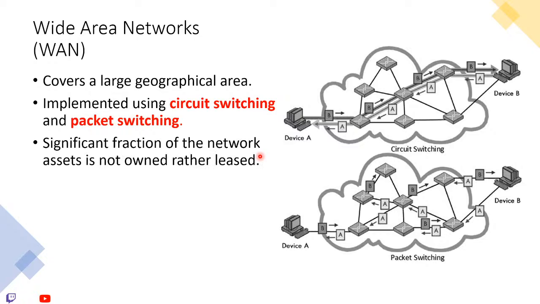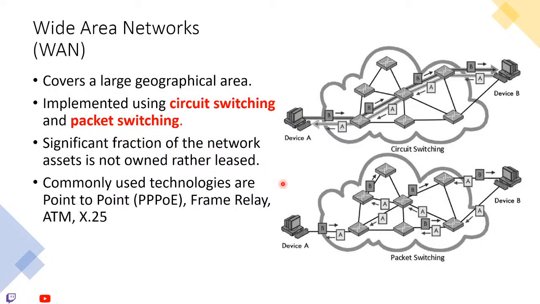So now another thing, a significant fraction of network assets is not owned, rather leased. So in the wide area network, the network assets like the hardware are not owned, rather they are leased.